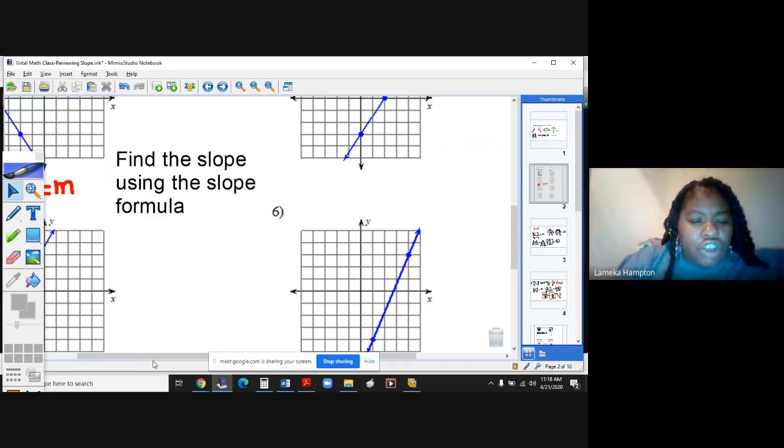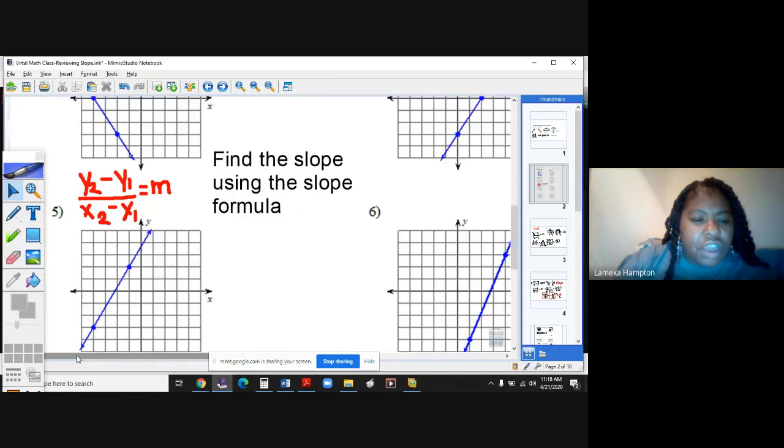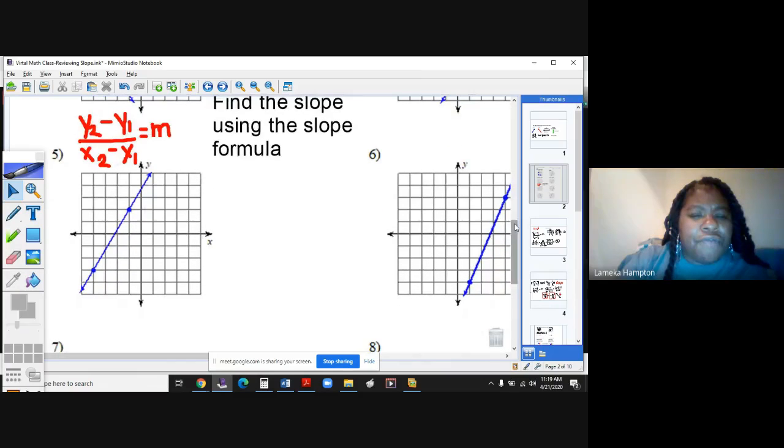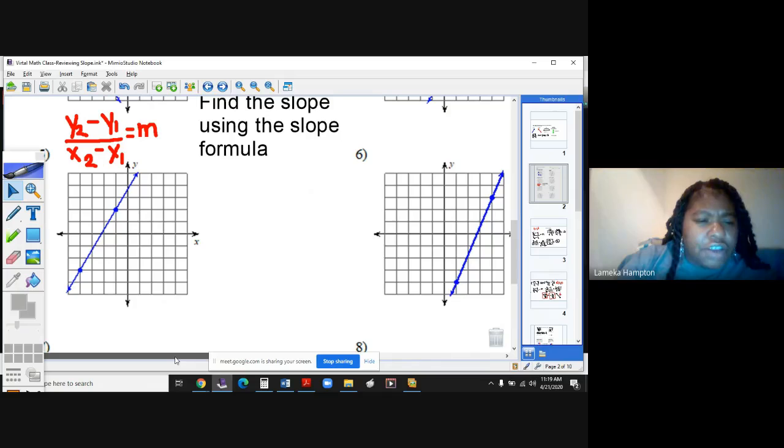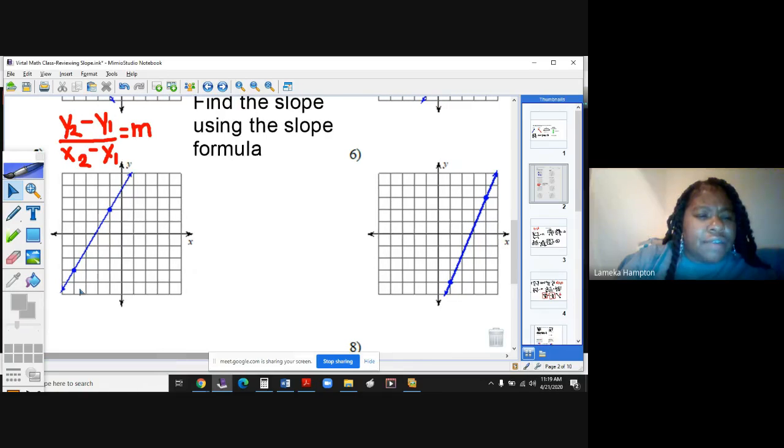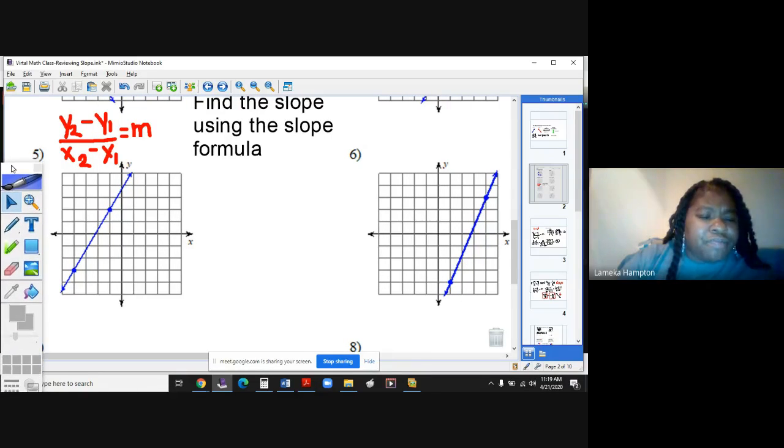But today I want to show you what to do if you are given a graph, and I'm going to look at number 5. Number 5 has a graph with no numbers, so it's very important that you know how to read a graph.